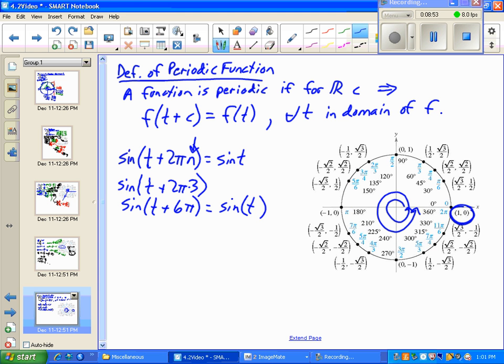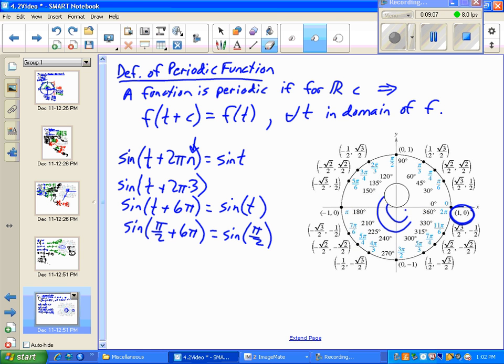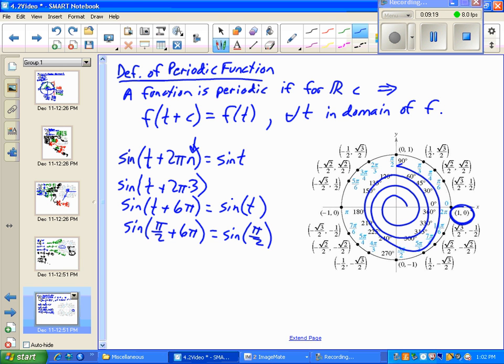For example, the sine of pi halves plus 6 pi is the same thing as the sine of pi halves. If you were to picture that, here's pi halves. We've rotated pi halves, but then we go around 2 pi, 4 pi, 6 pi.